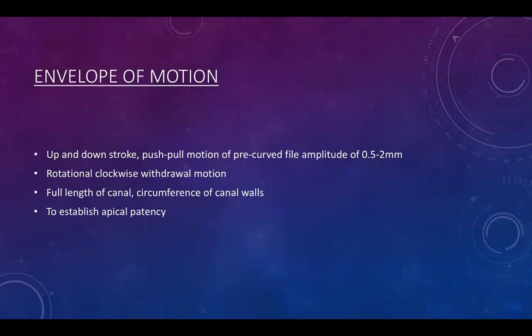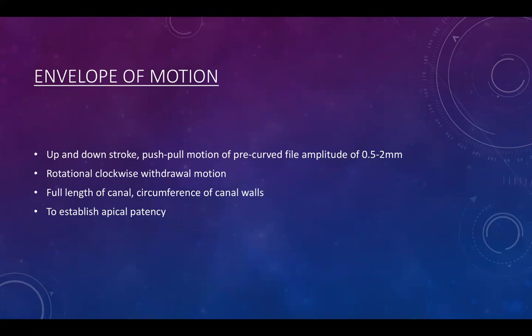The envelope of motion is the up and down stroke, or the push and pull motion, of a pre-curved file with an amplitude of around 0.5 millimeters to 2 millimeters. It is accompanied by a rotational clockwise direction when we're taking the file out. This should definitely include the rotational motion as well as the push and pull, and it should cover the circumference of the canal wall and the entire length.